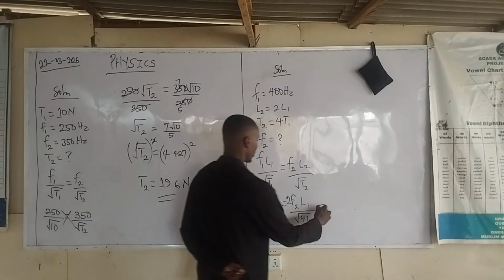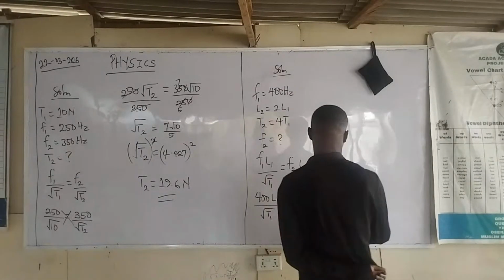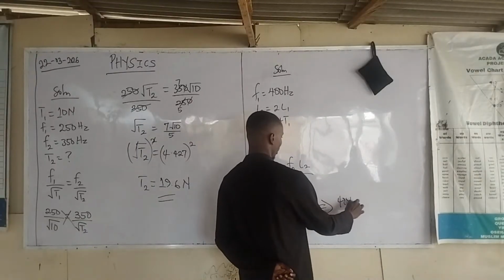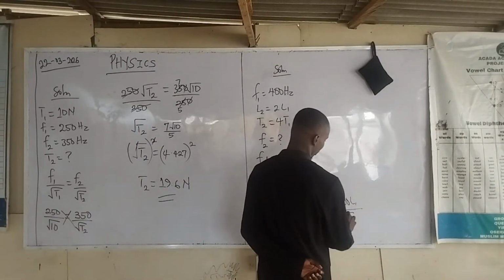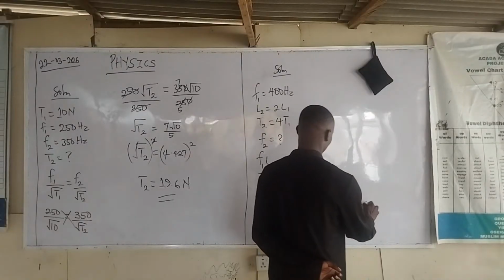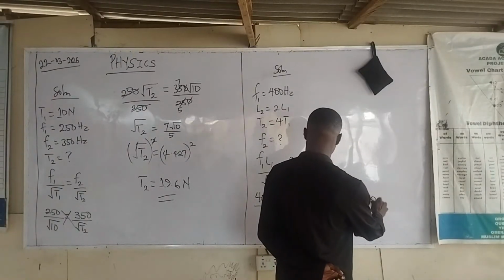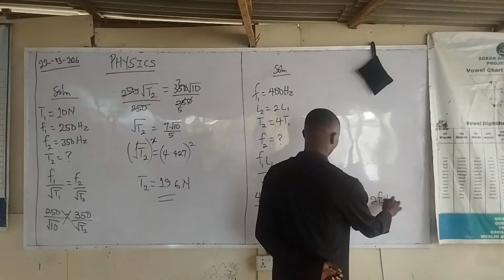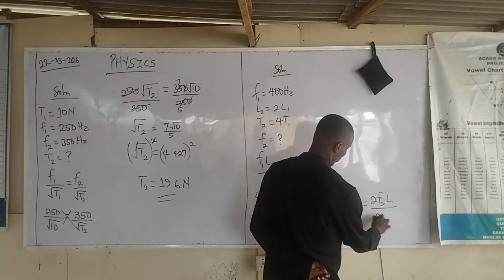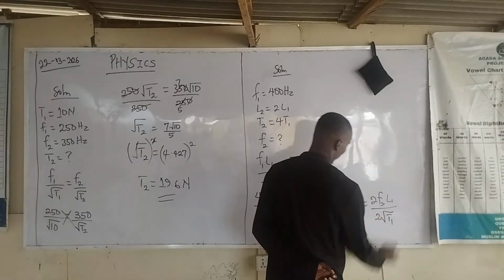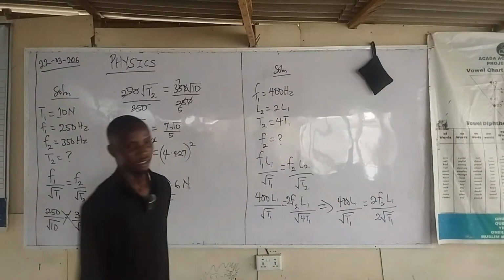So this one can be written as 400 L1 over root T1, which is now equal to 2F2 L1 over 2 root T1. Am I wrong?